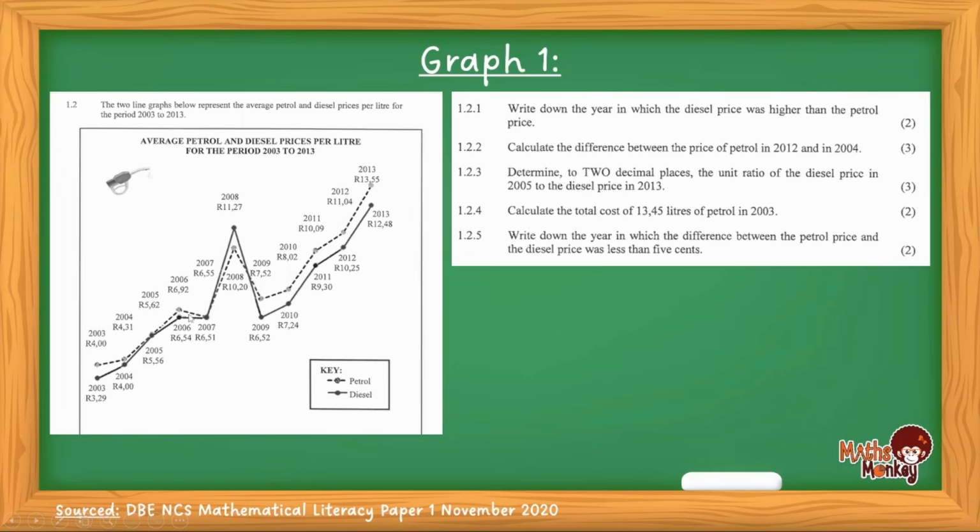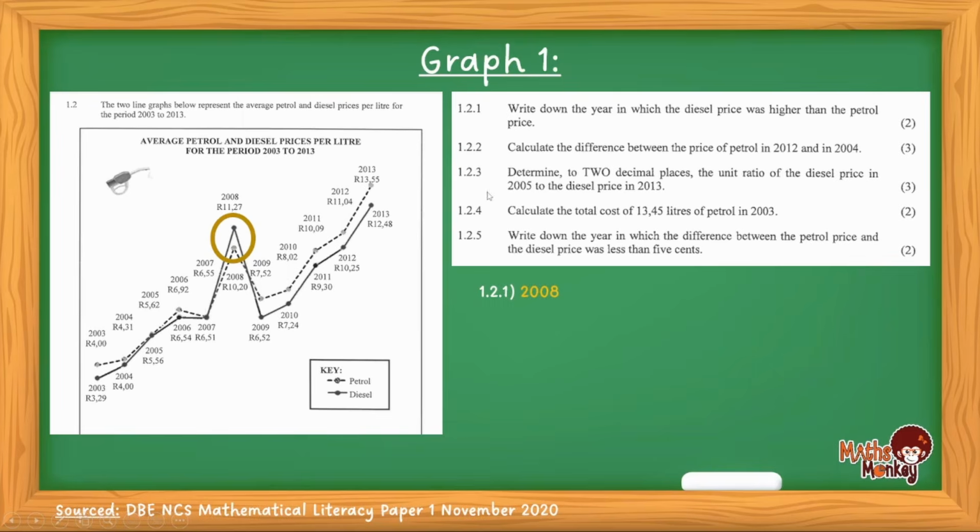So here the petrol is above diesel, and here the petrol is above diesel, and here the petrol is above diesel. But over here, the diesel, the solid line's dot for 2008, is above the dotted line for petrol. So that means that diesel at this point in 2008 was more expensive. So that would be your answer over there. 1.2.1 will be 2008 because the solid line is above the dotted line.